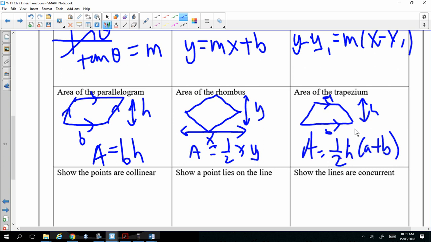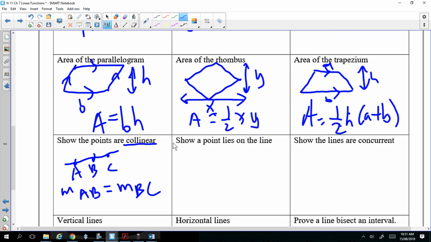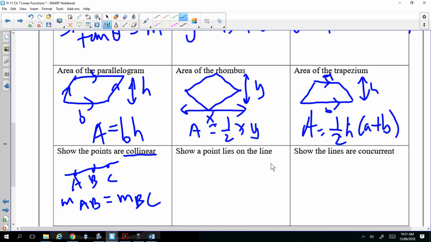All right, how do I show points are collinear? What does collinear mean? Lies on the same line. And to do that, we'll just have to show the gradients are equal. Right? And to show a point lies on a line, you just have to substitute that point, x1, y1, into the equation of the line and show that it works.